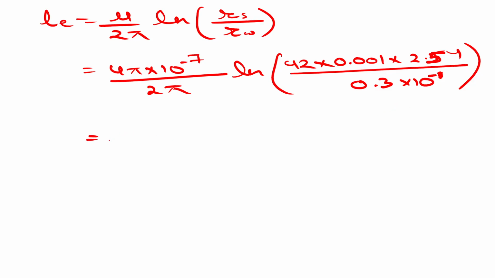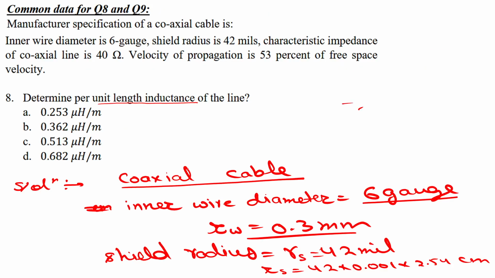When we solve it, we get the per unit length inductance as 0.253 microhenry per meter. If we match it with the given options, the correct option is option A.